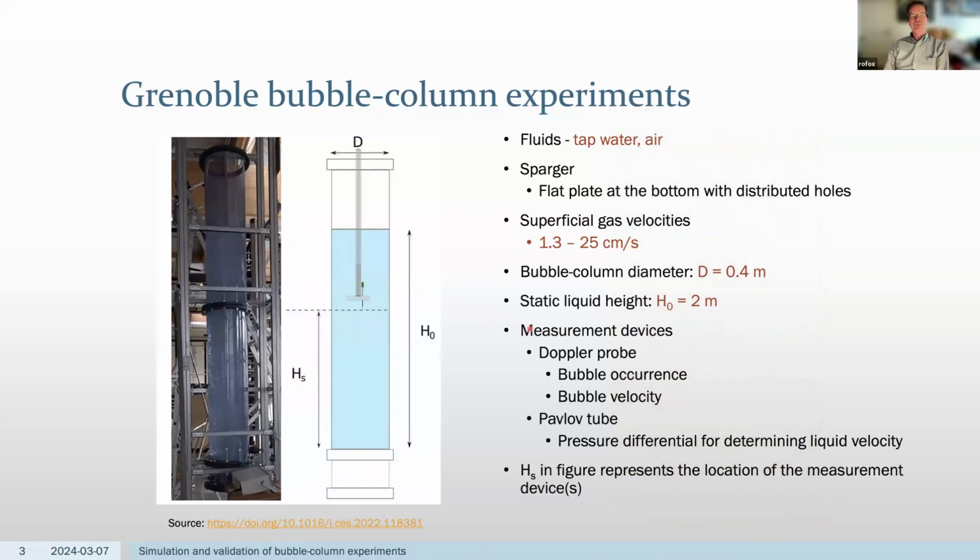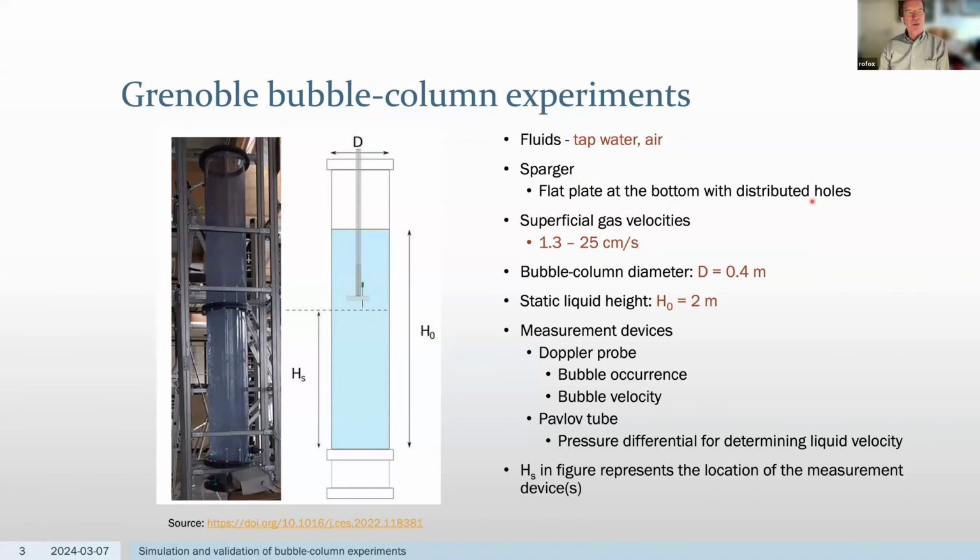Okay, so just to give you some background information on the experiments, the fluid they're using is tap water from Grenoble with air as the working gas. Bubble column experiments are usually difficult to compare with CFD codes because of the control of the sparger, but in this case, they used a flat plate at the bottom of the column with distributed holes that give a very uniform injection region at the bottom.